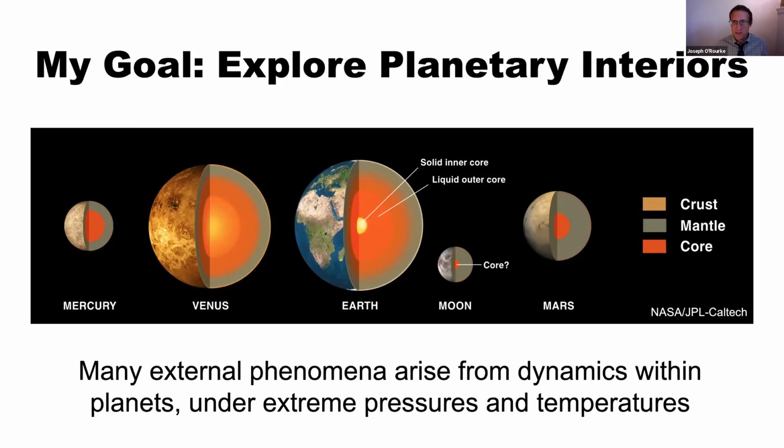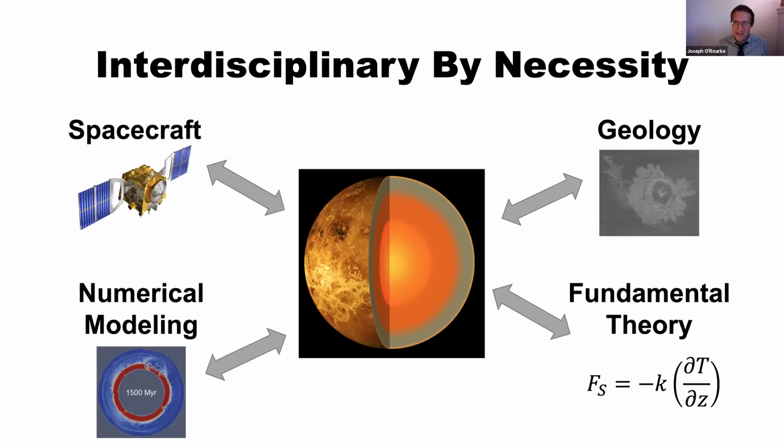So mantle dynamics and core crystallization. My overarching goal is to build general theories for how planetary interiors work and apply that to everything from terrestrial planets to large asteroids to icy satellites, even to exoplanets. But like I said, today I'm just going to talk about our nearest celestial neighbor, which is the planet Venus.